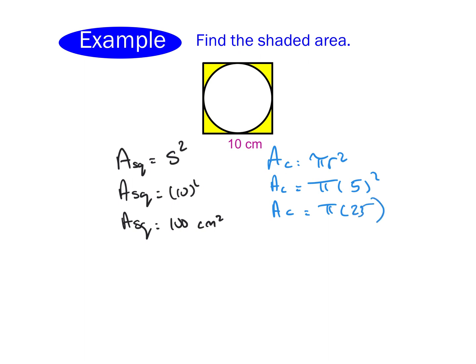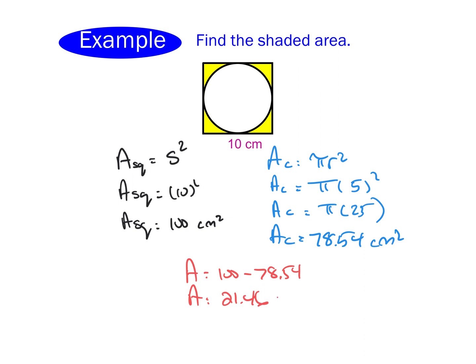And then we're going to multiply 25 by pi. And we get 78.54 centimeters squared. To find out that yellow or shaded area, it's going to be 100 minus 78.54, which is going to give us 21.46 centimeters squared. And that will be our answer.